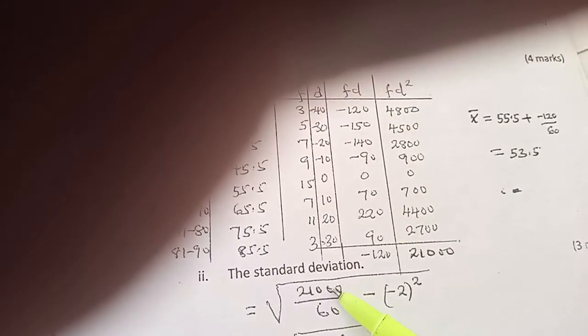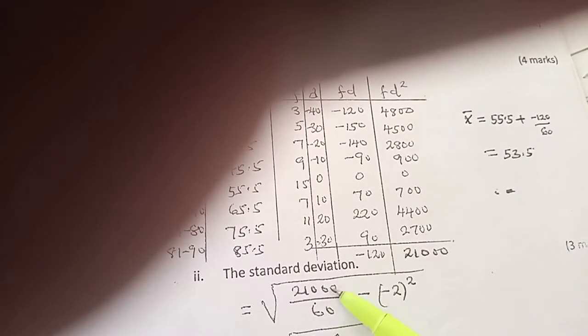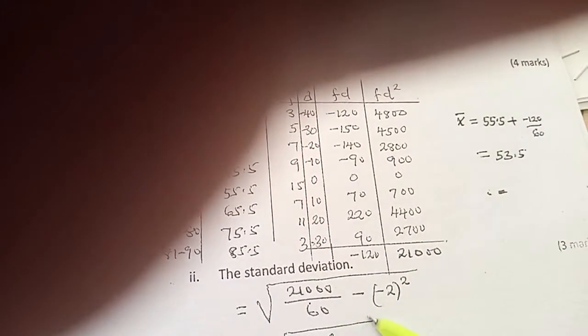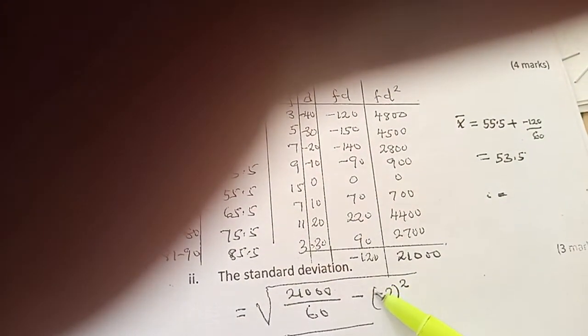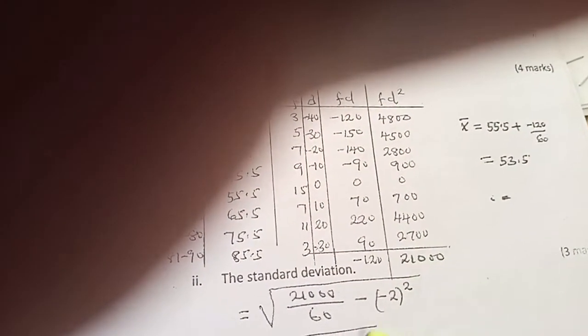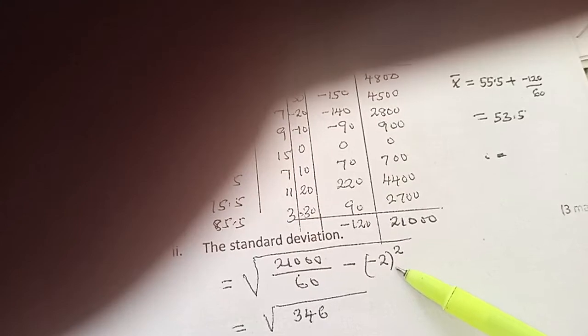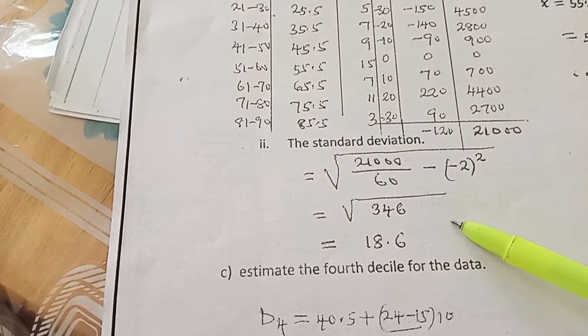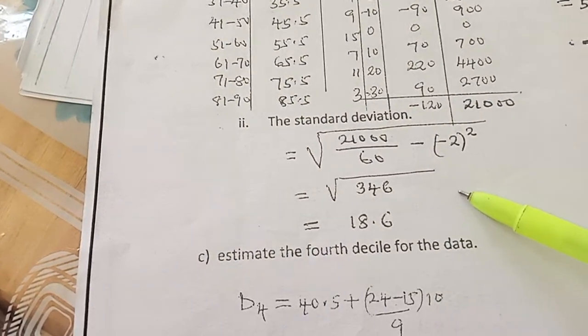So we take the summation of fd squared over 60, which is the summation of f, minus the summation of fd over the summation of f, the whole of that squared, which gives negative 2. Now we take the square root, and this is going to give us the standard deviation.